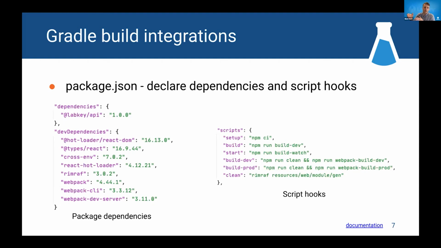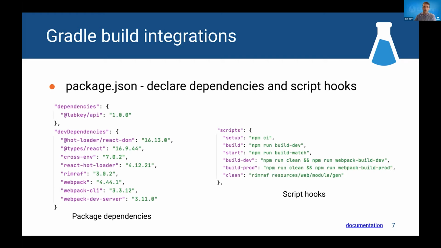So setup is run when it's deploying all the modules and trying to figure out what resources are needed for those. Build will actually build the app. So this can be the same command that you would run to run npm run build. This is after all of your node artifacts are already pulled down. And then you can see here we have a couple other ones that are more specific, and I can talk about those, but they are not a part of the build system.